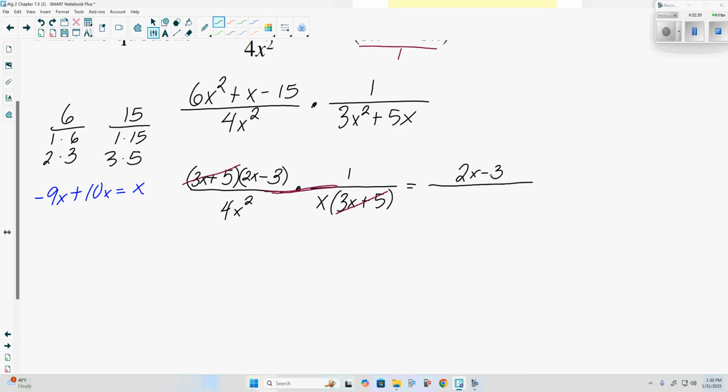On bottom, all we have left is 4x squared and x. 4x squared times x is 4x to the third. That's it.